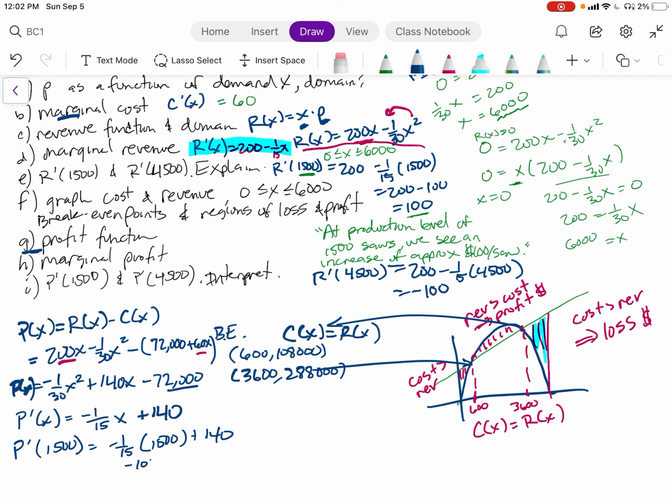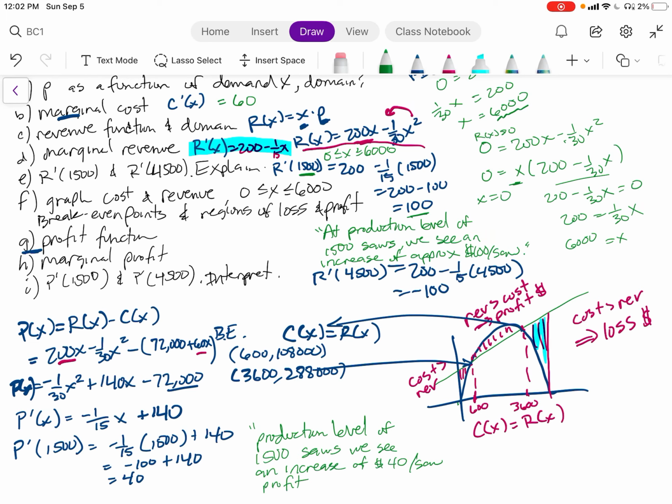All right. So that is negative 100. When we combine these two, we get negative 100 plus 140. So we get 40. All right. So what does that mean? That means at a production level of 1,500 saws, we see an increase of $40 per saw, increase of profit, since that's marginal profit.